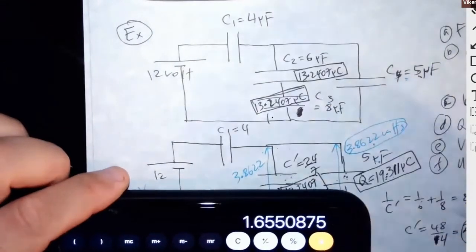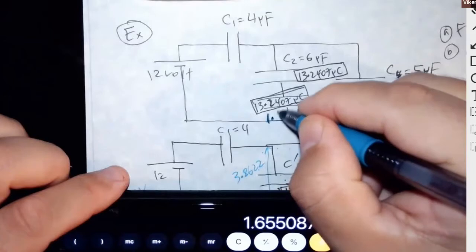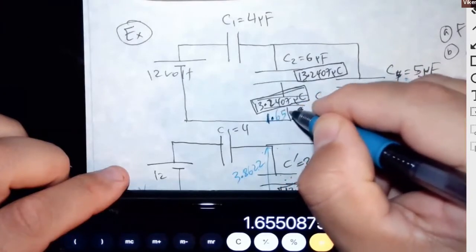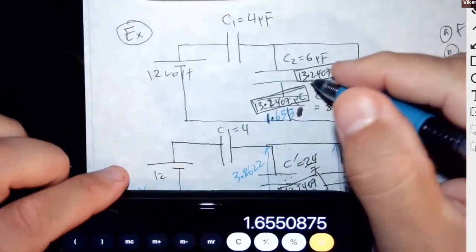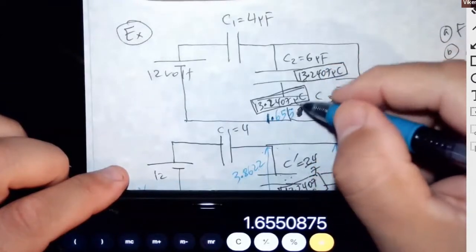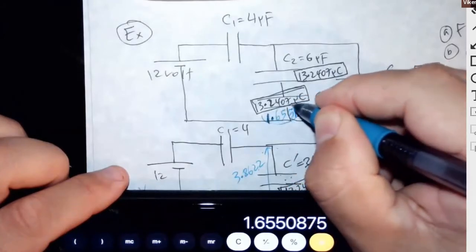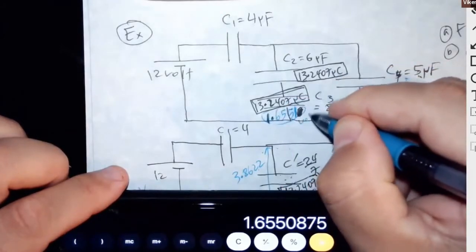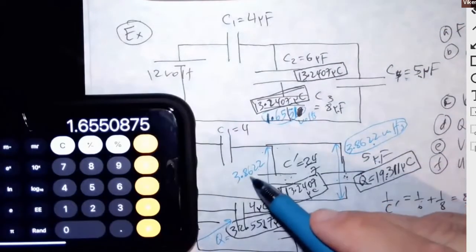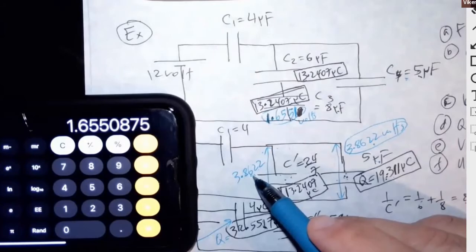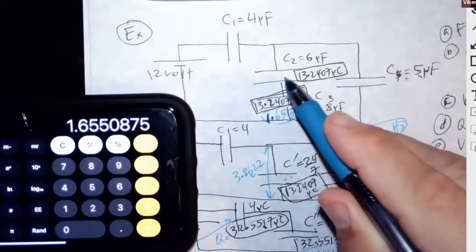So then the voltage here is going to be 1. Let's write that with a different color. 1.6551 volts. Now you're going to argue that the voltage of 2 should give you the total voltage of that. So then you subtract this minus this to give you the voltage of that.